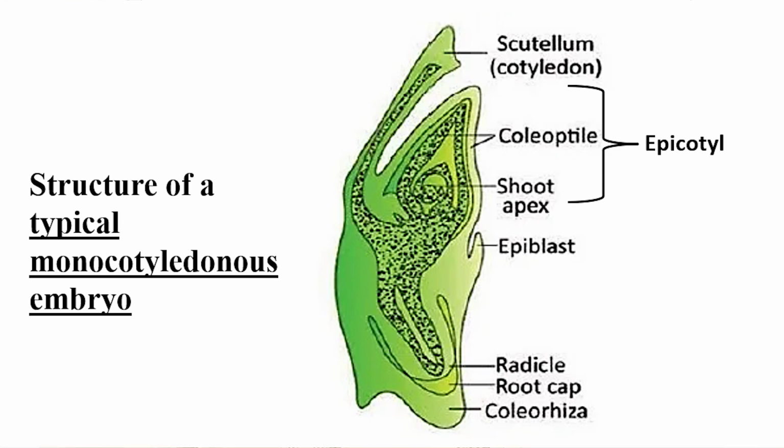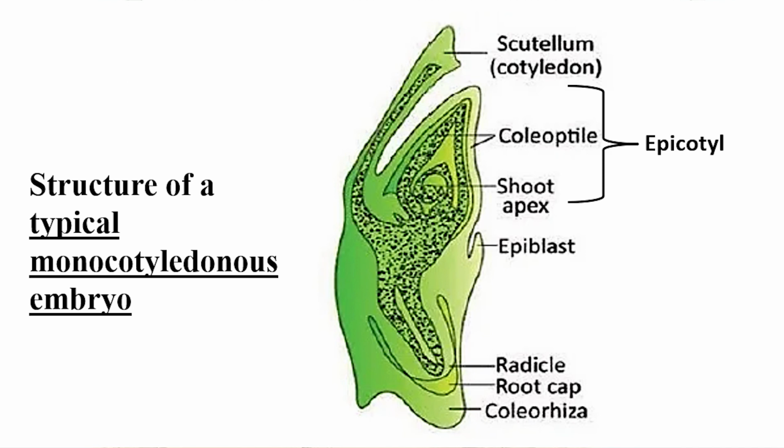We had already seen what is meant by primordia. Here in the epicotyl, there is the shoot apex with a few leaf primordia, which will be enclosed in a structure called the coleoptile.